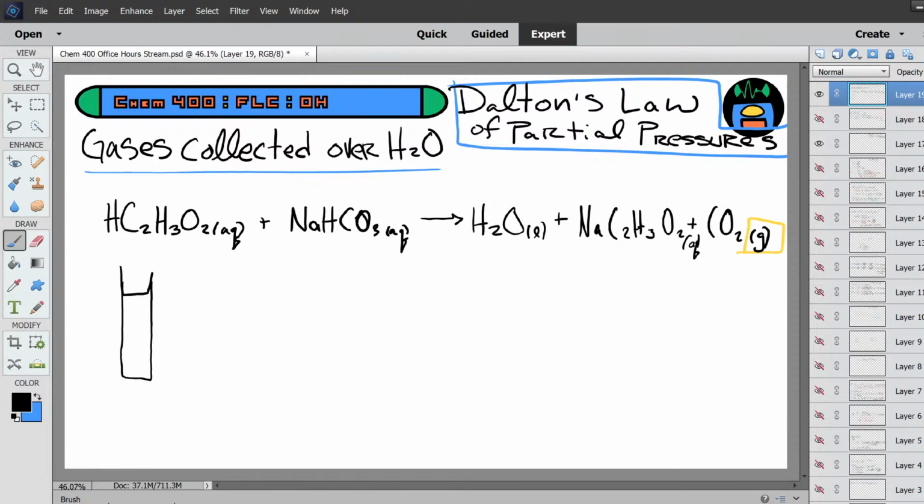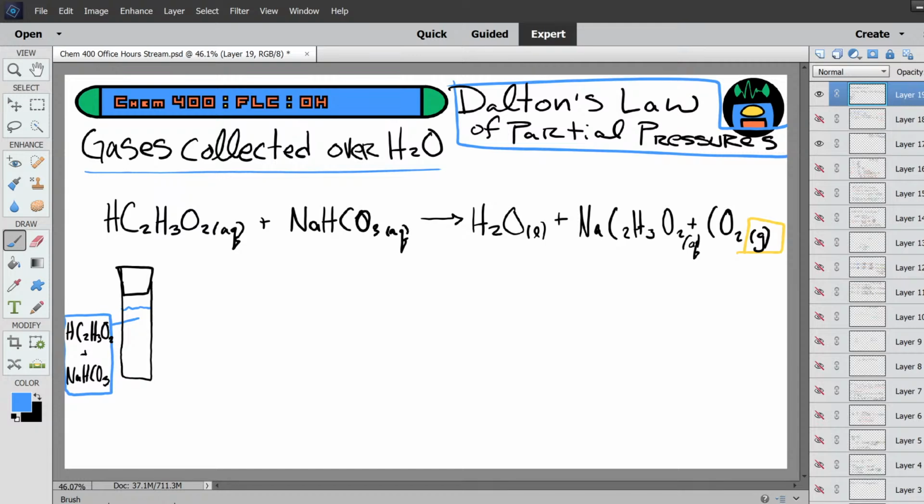If we have a reaction vessel here, in here we've got the acetic acid, and we've got the sodium bicarbonate. These two are present in this solution.